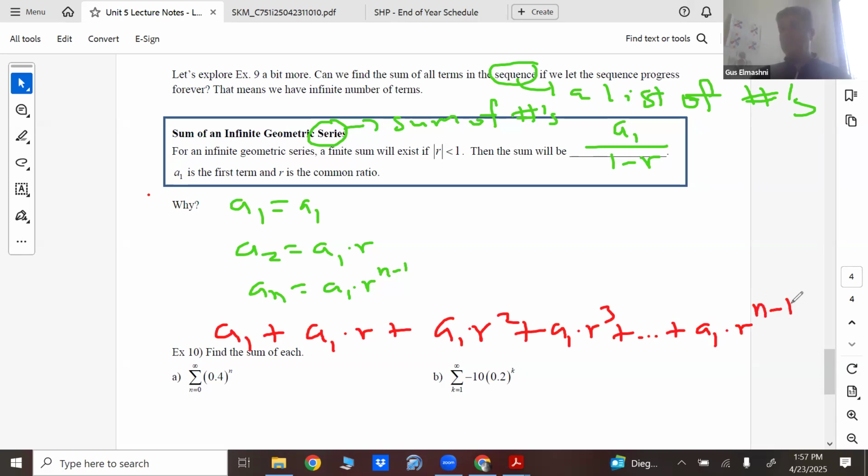You would agree with that, right? If you add up all the terms in a geometric pattern, it would look like that. Can I factor something out? a1. Very good. So if you factor a1, what are you stuck with? 1 plus r plus r squared plus r cubed plus dot, dot, dot, r raised to the n minus 1 power.